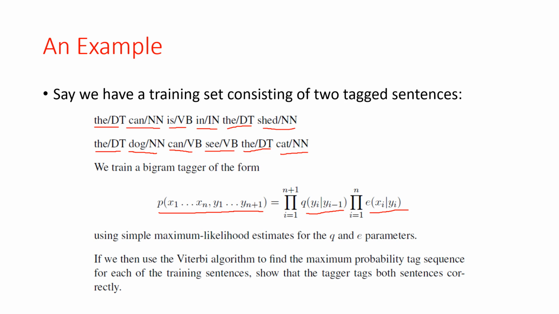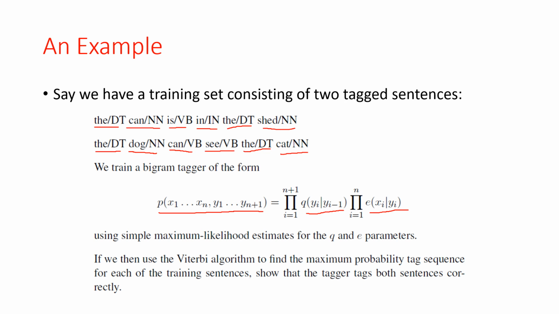We calculate these q and e parameters by using simple maximum likelihood estimates. If we then use the Viterbi algorithm to find the maximum probability tag sequence for each of the training sentences, our task is to show that the tagger tags both sentences correctly.